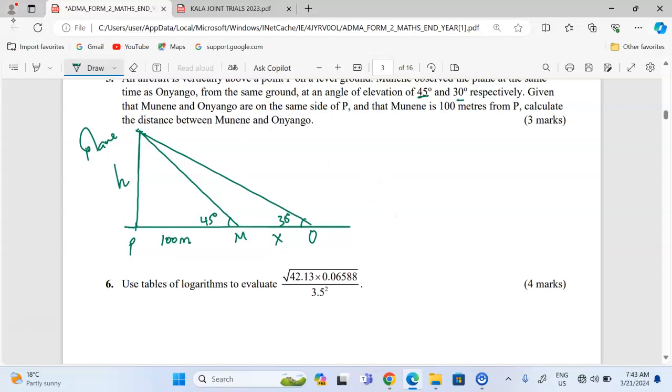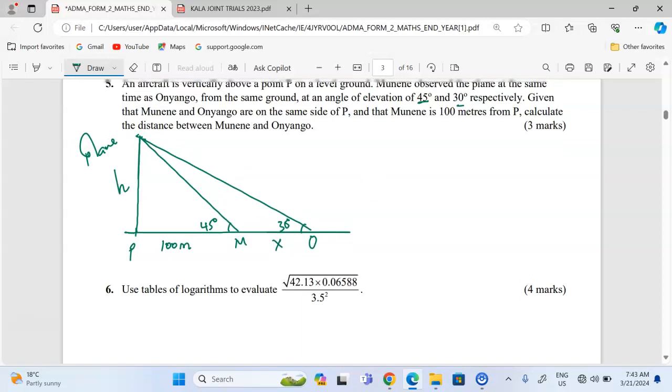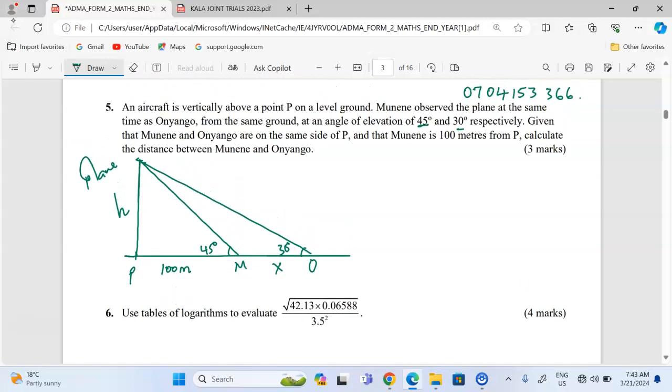Assuming this is h, then we can apply tangent. The tan of 45 is given by the opposite, h, because it is vertically upward, we have a right angle here. Therefore, we are talking of h divided by 100 meters.